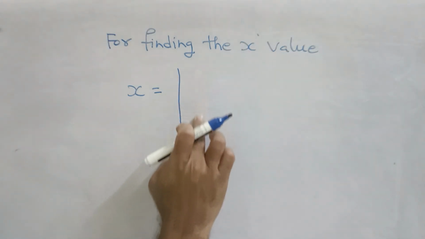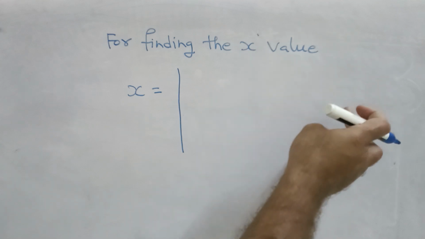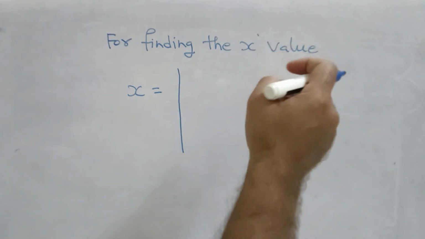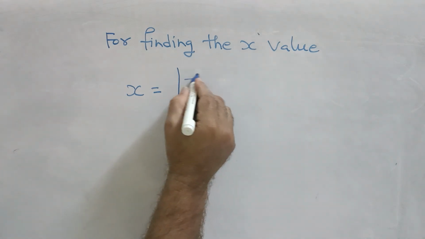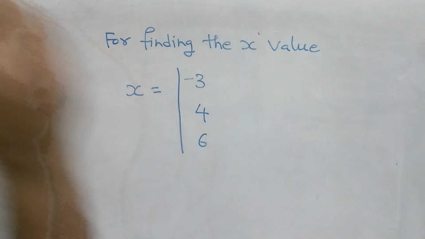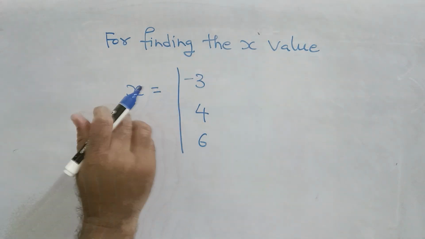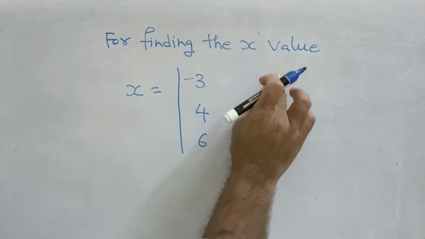In the place of the first column, you write the constant values. The matrix B we have considered, no? The constant values, minus 3, 4, 6. That minus 3, 4, 6, you have to write in the first column, and you can keep the rest of the two columns as it is.